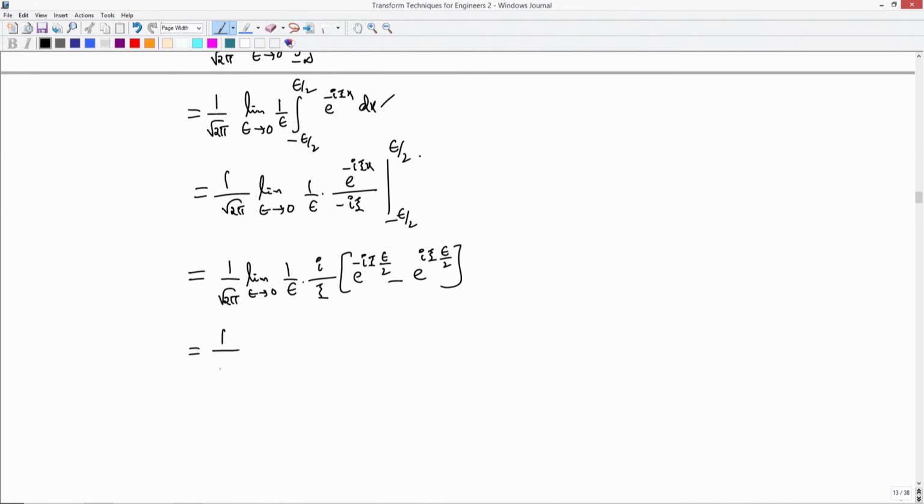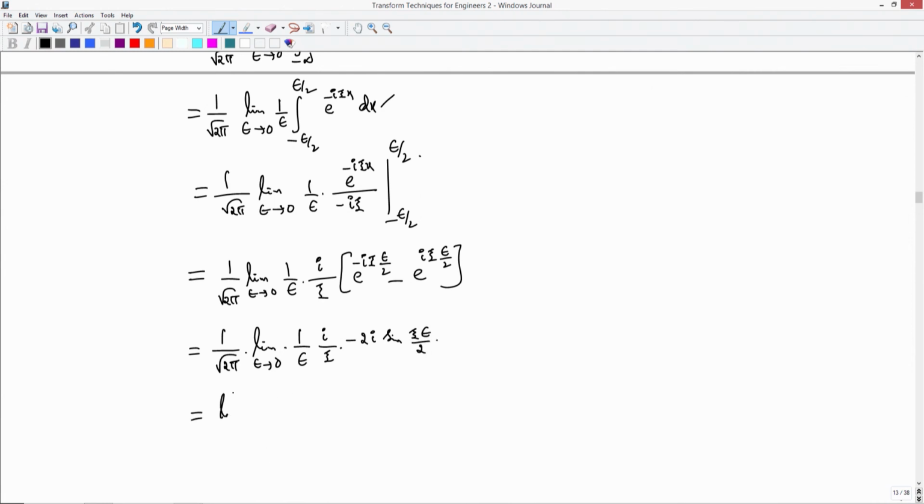So what you get is 1 by root 2 pi, limit epsilon goes to 0, into 1 by epsilon, I by xi, and this is going to be minus 2 I sine xi epsilon by 2.